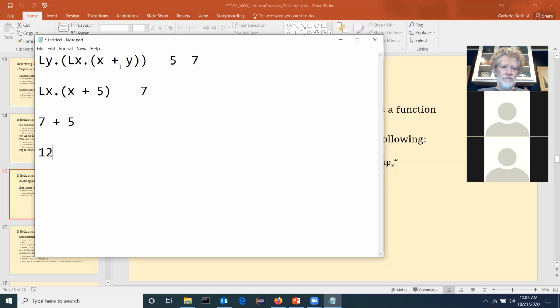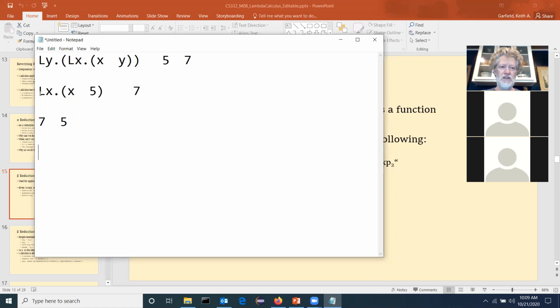What if I did this? I'm going to get rid of that plus sign. Does that change anything? In other words, here I've got lambda y, lambda x, xy. No plus sign, that's just expression followed by expression. And then I have 5 and 7.